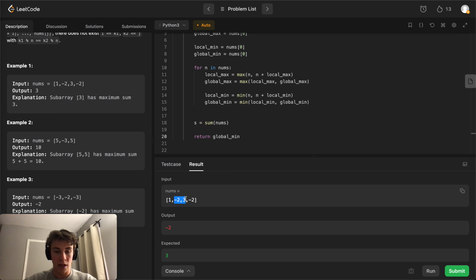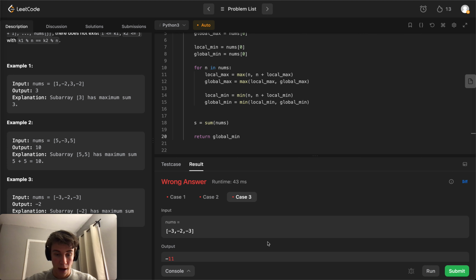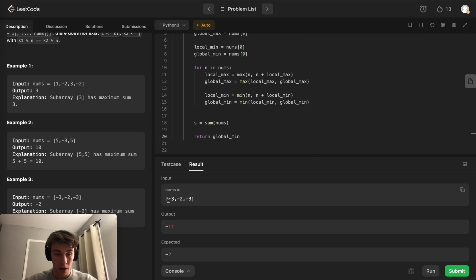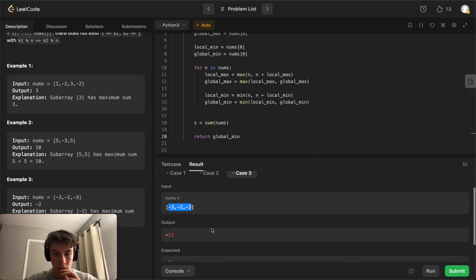Global min in this case would be -2, correct. In this case, it would be 3, correct. And in this case, it should have been -7. However, we're getting -11. Something is up here.